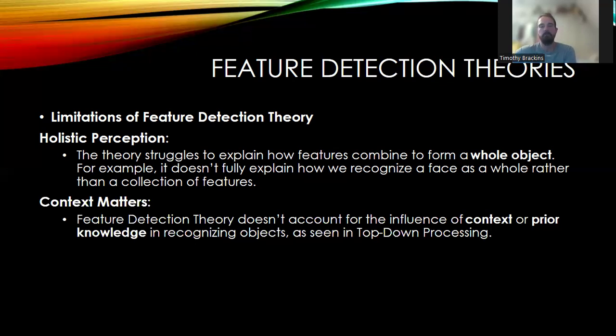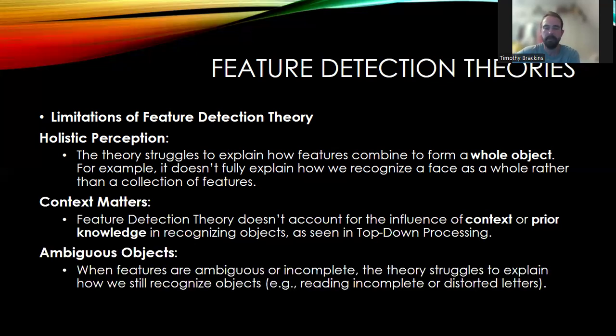So it's purely bottom-up, not accounting for using our prior knowledge to identify objects. And as happens oftentimes, features are ambiguous or incomplete, and it struggles to explain how we can still recognize objects. If we have an object we're trying to identify, but the critical features are obscured, how is it that we can still identify it? Feature detection theory fails or is limited in explaining that.